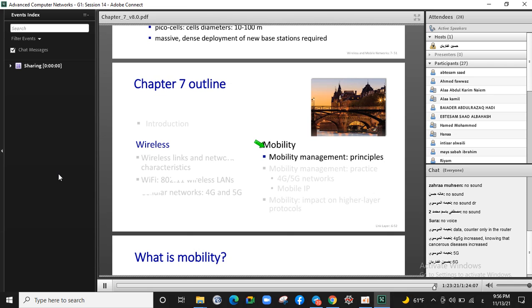Okay, inshallah, in the next lectures we will talk about mobility, and we will show how we can control a user on a mobile cell phone, or in a mobile IP environment. It's very important how we can handle those mobilities in wireless networks. Okay.